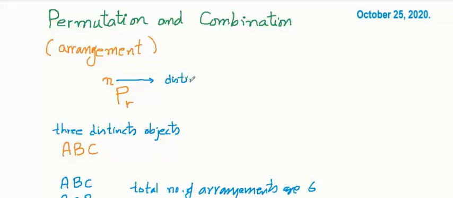Sir, this formula, it's on our calculators too, right? Yes, it is also available, it's a mathematical function. Distinct items given. And R will be the items to be arranged.